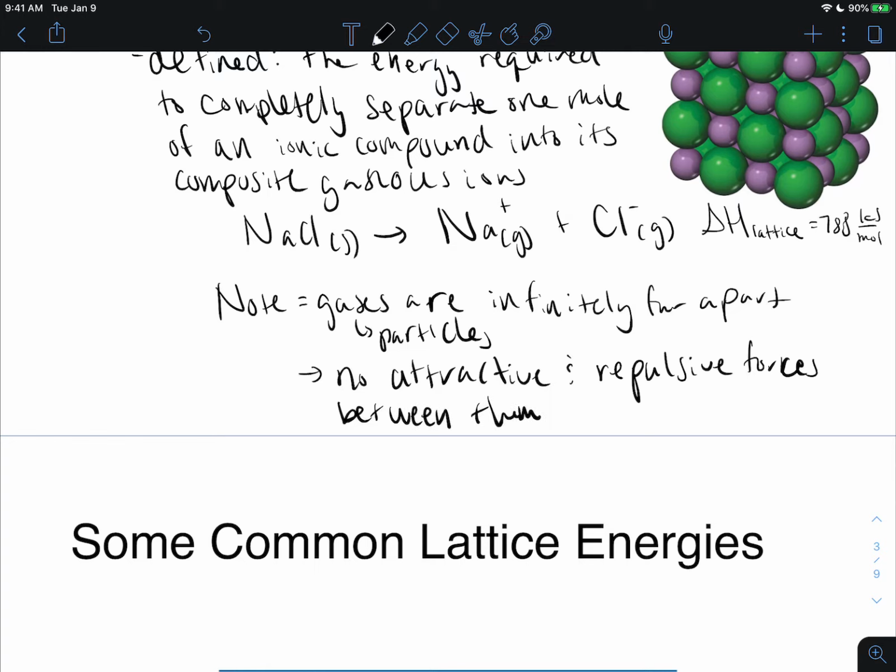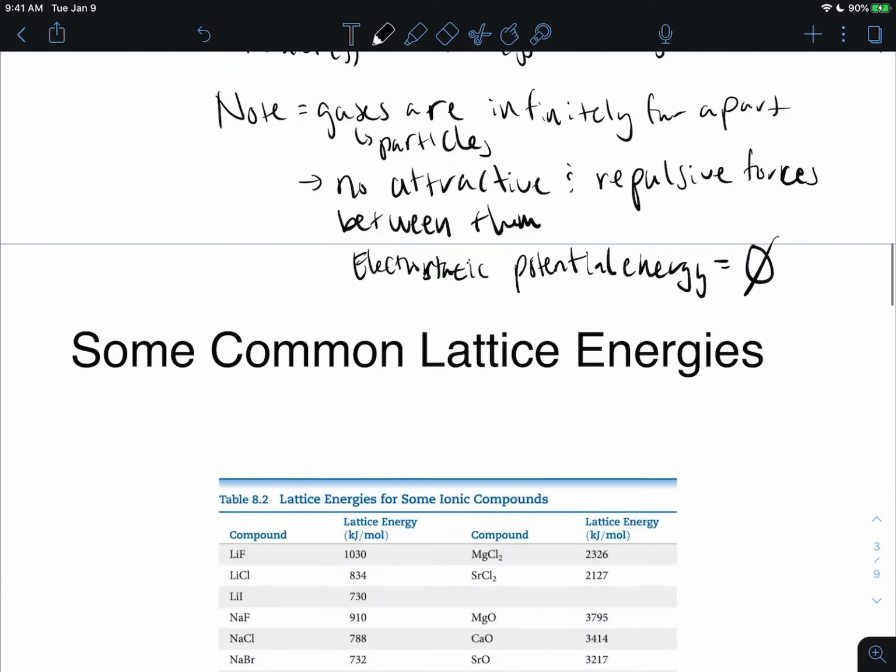So basically, our electrostatic potential energy is equal to 0 because they're infinitely far apart. So that distance would be infinite. So it would be a 0.